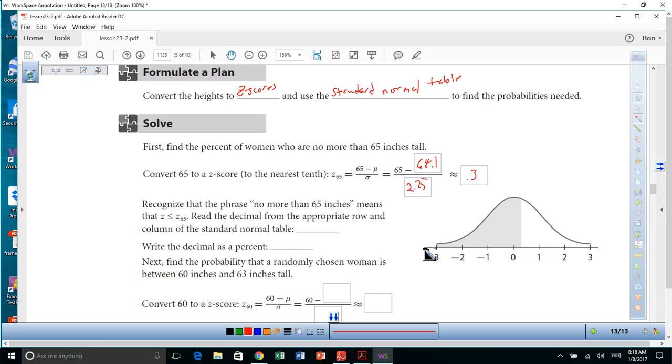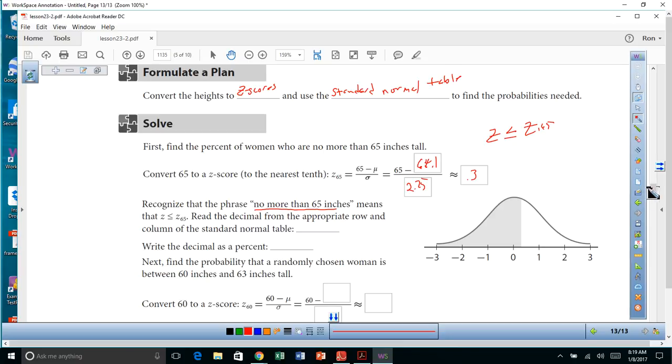Recognize the phrase no more than 65 inches means z is less than or equal to z.65.